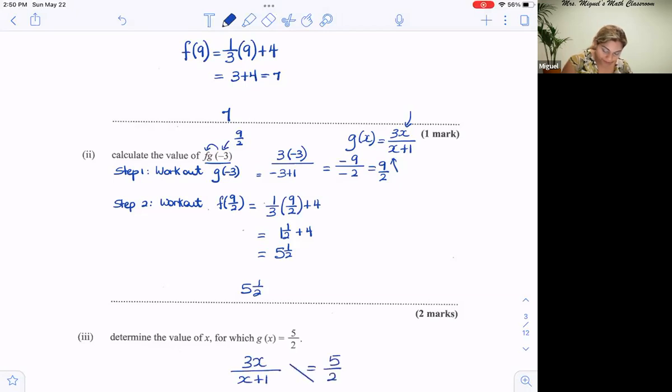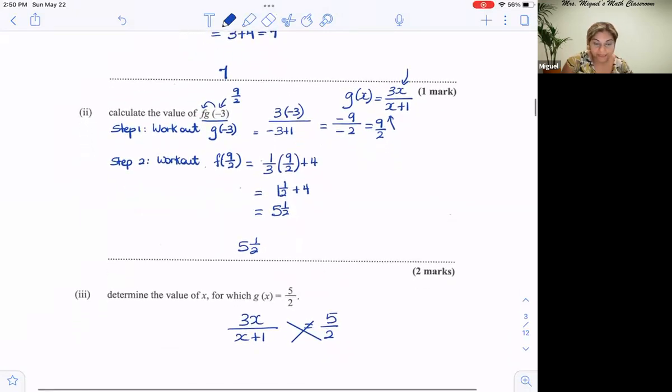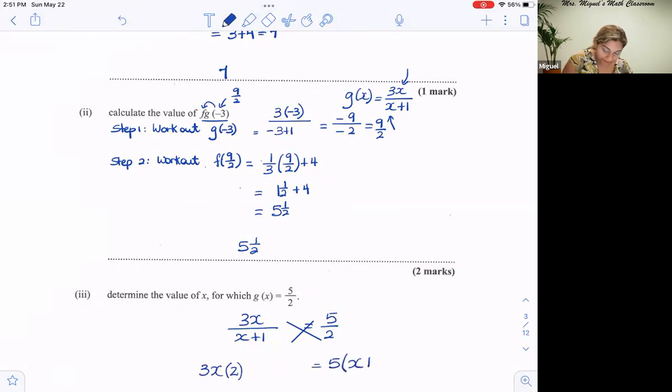So we cross opposite ends of the diagonal and we find x. So we are multiplying 3x by 2 and we are multiplying 5 by x plus 1. So 3x is being multiplied by 2 and 5 is being multiplied by x plus 1. So take it down and find a number for x.